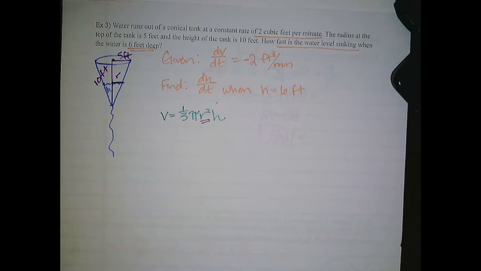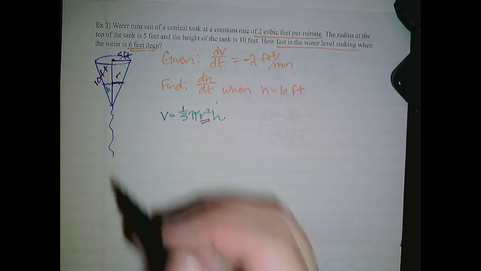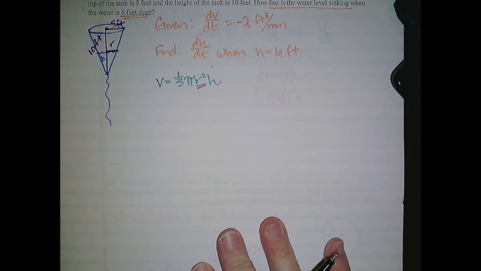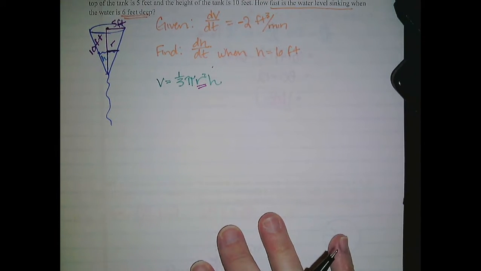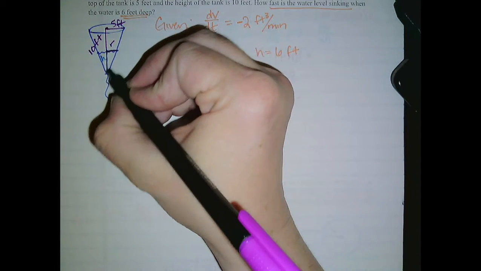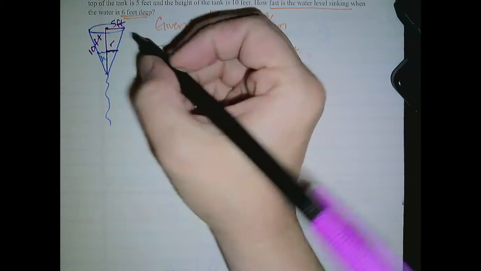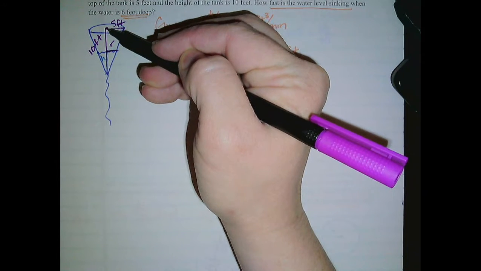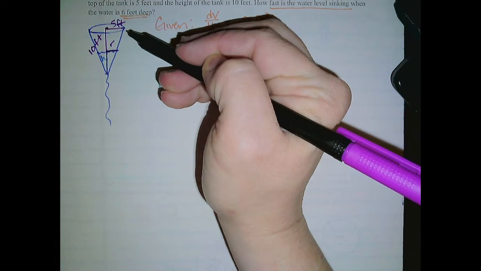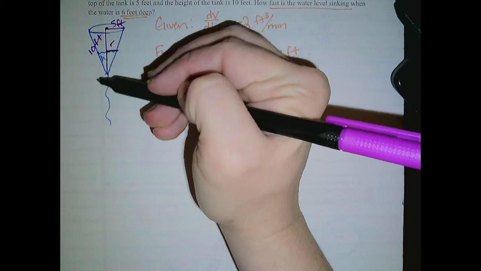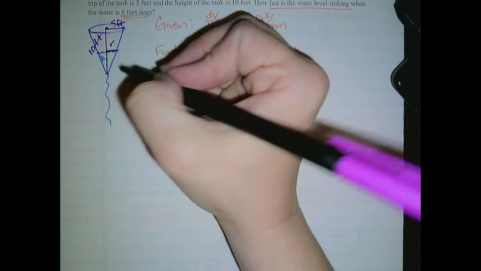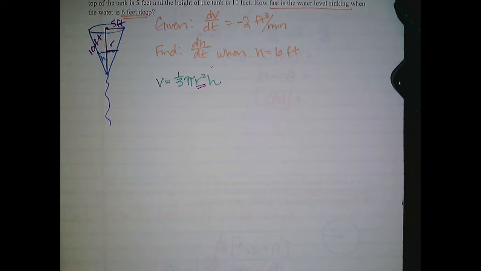Because if you look at the picture that we've drawn now, I'm just going to kind of sketch what we've got here. Notice that we have two triangles that are being formed here. We have this larger triangle where we know the radius of the whole tank, 5, and the height of the whole tank, 10. But then we have this smaller triangle that's embedded in it, where our height and our radius are changing again as the water is running out.